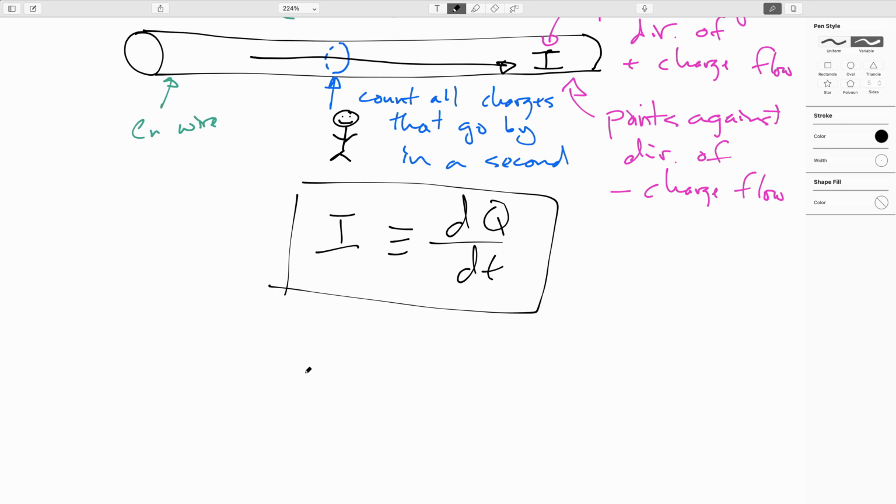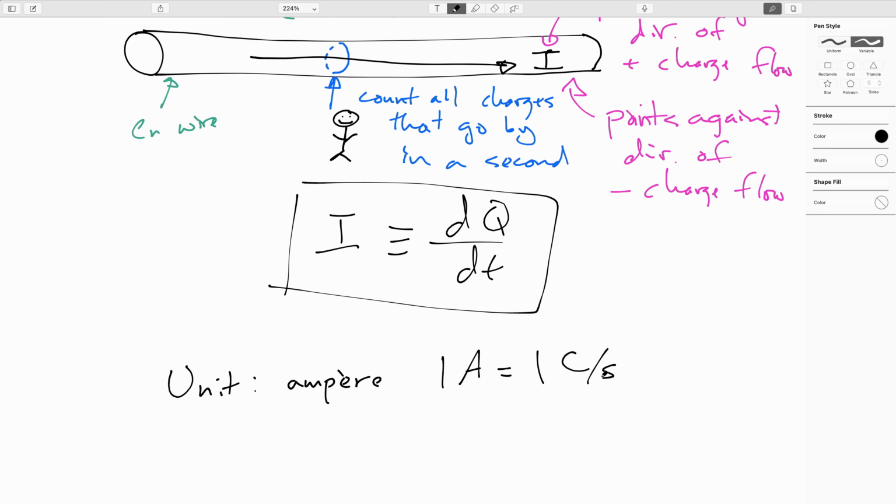So in this case, the standard unit of current is the ampere. That's A-M-P-E accent grave R-E. Its symbol is just a capital A, and it's defined as being one coulomb per second.